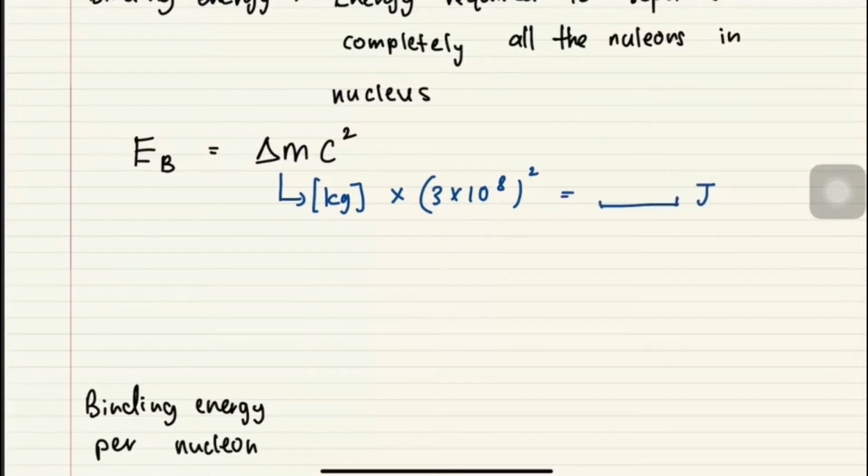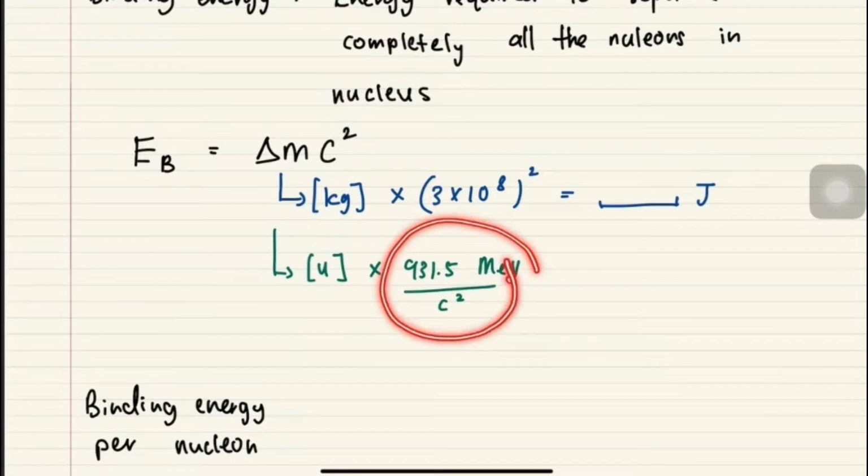Okay. Let's say if you calculate delta M using U, now you have to multiply with 931.5 MeV over C squared. So the whole thing over here, if you multiply with C squared, dia jadi ni lah.